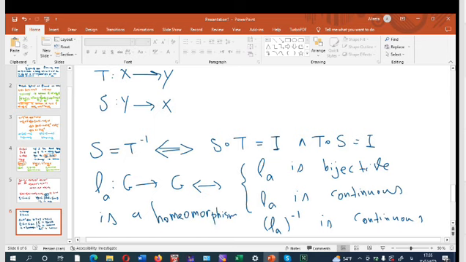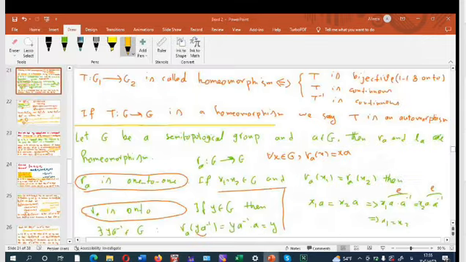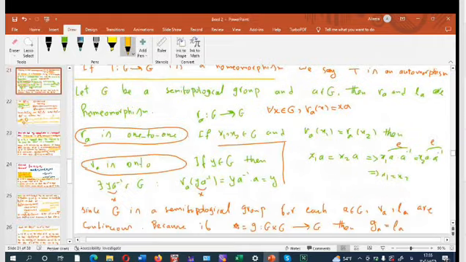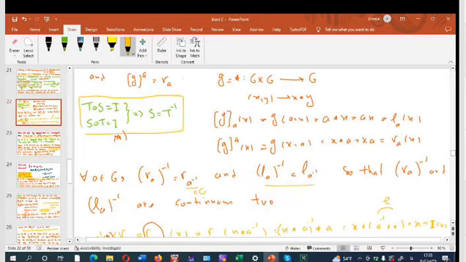And this condition holds because you can prove easily that this equals this, similar to R_a.